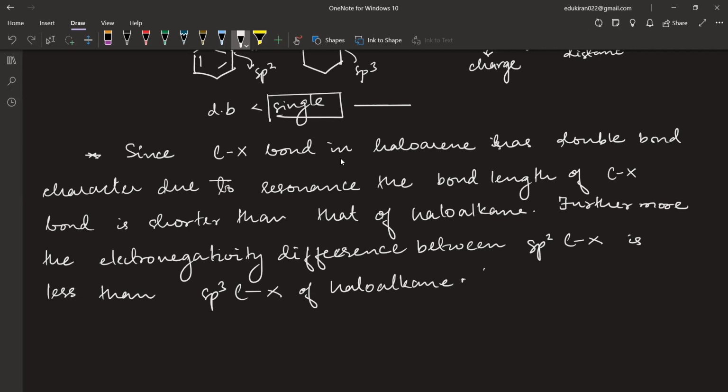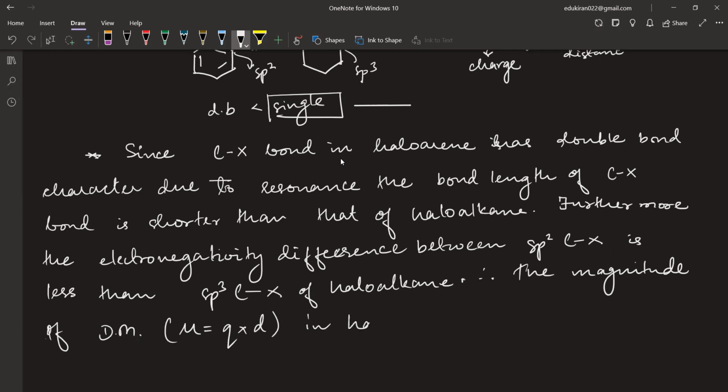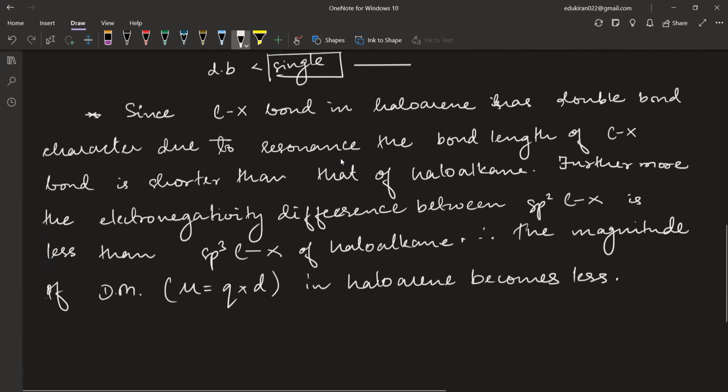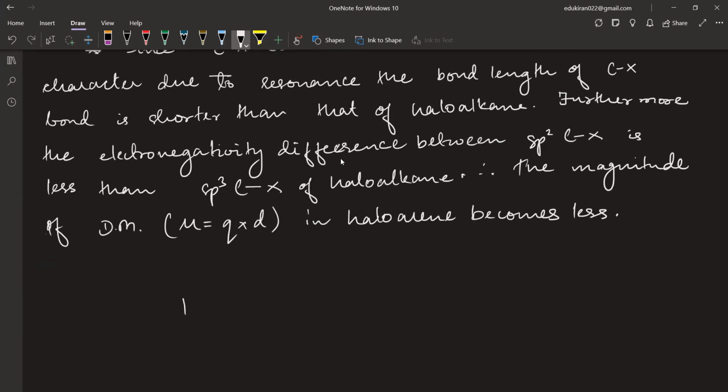Therefore, the magnitude of dipole moment, which is mu is equal to q into d, in haloarene becomes low. Okay. So, right.